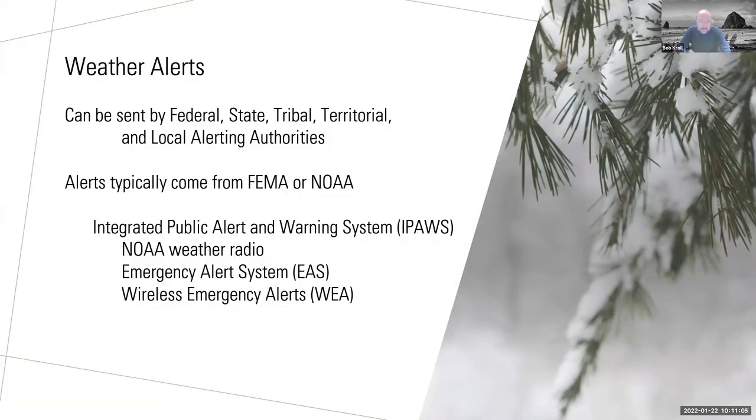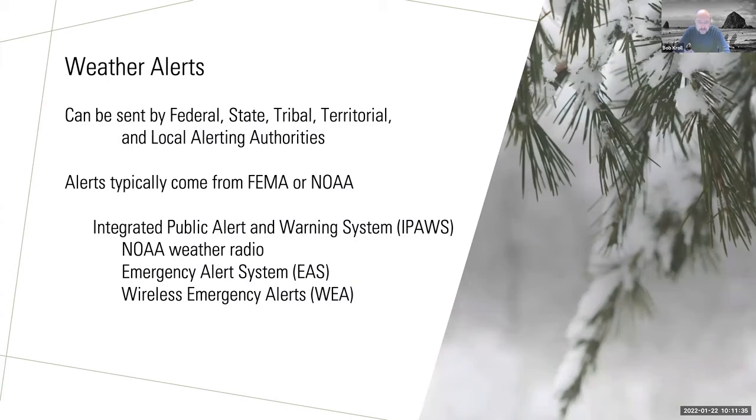Weather alerts can be sent by a number of different authorities, whether federal, state, tribal, territorial, or local. Very commonly with severe weather, they come from FEMA or NOAA. They come by way of IPAWS, the Integrated Public Alert and Warning System, which uses several different avenues.